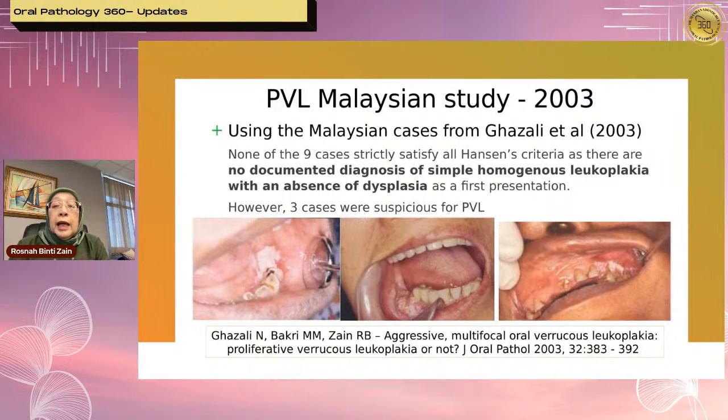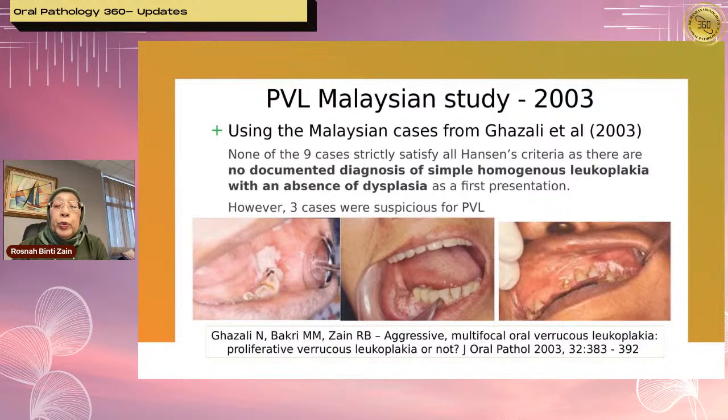But as you notice, the other criteria later do not specifically mention the need to start off with simple homogeneous leukoplakia.